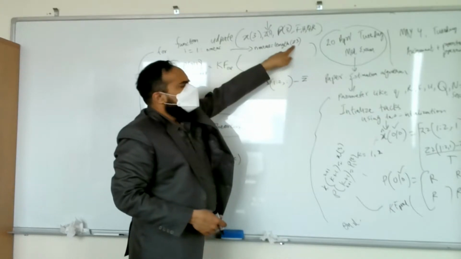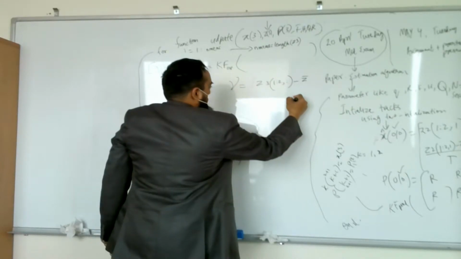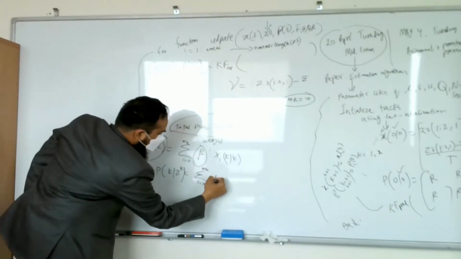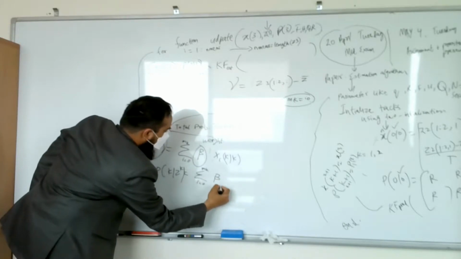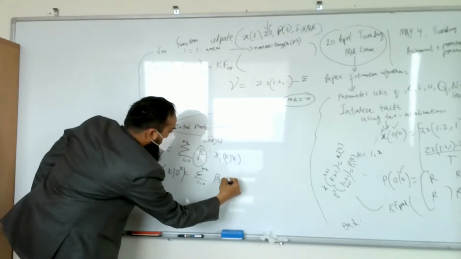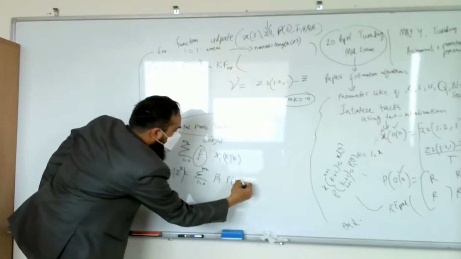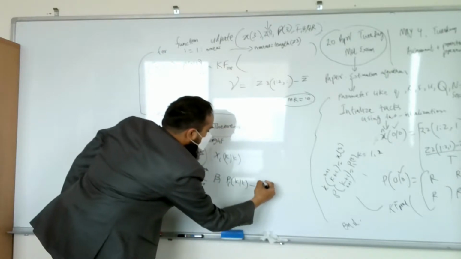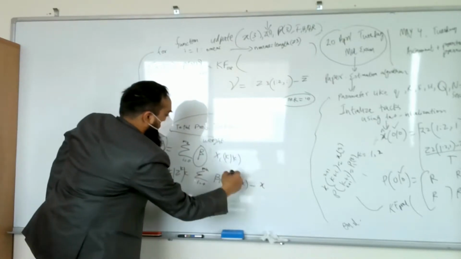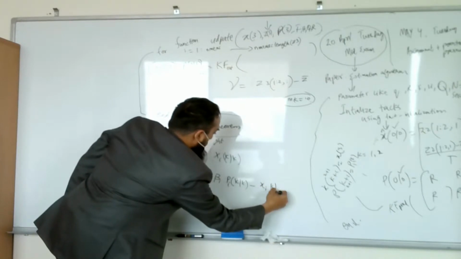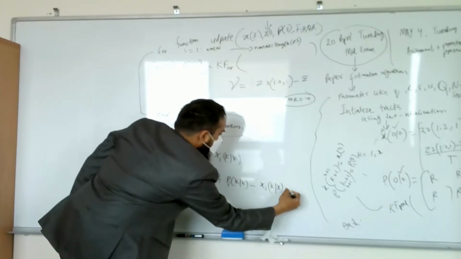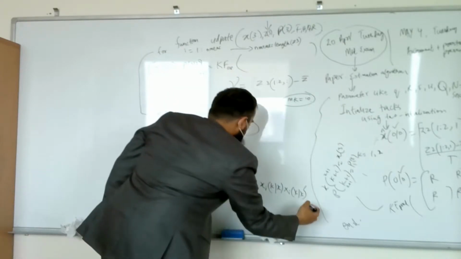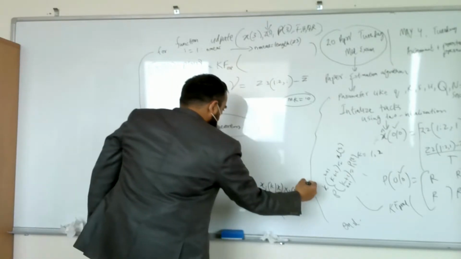If there are 10 measurements in z3, then mk is 10. Then beta i and P k i plus the term x i k minus x k, transpose. This is the whole summation.